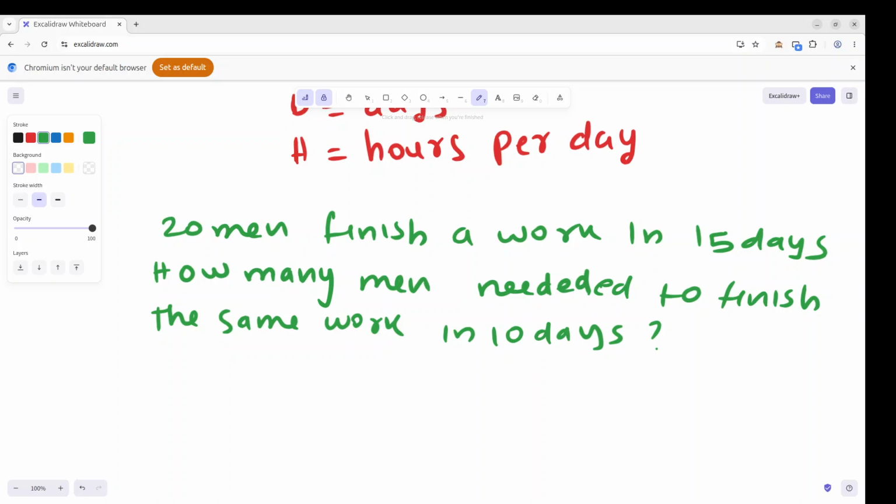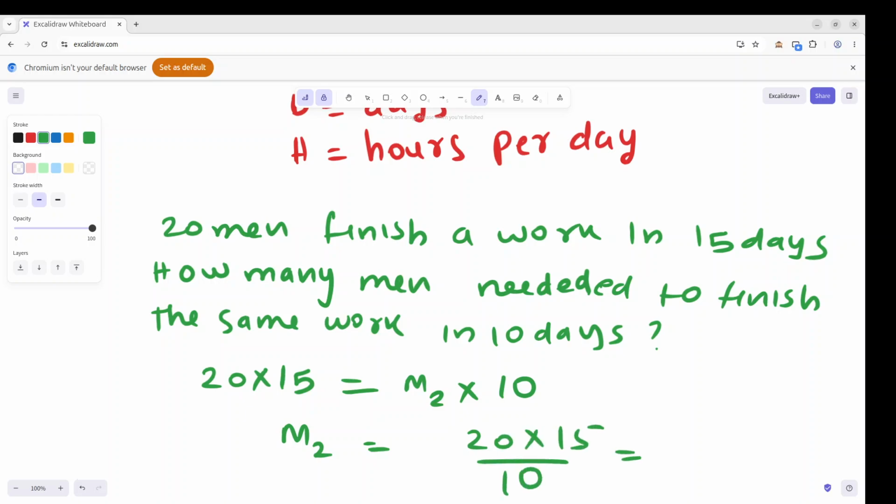We have the formula M1 D1 H1 equals M2 D2 H2. That is 20 men into 15, where this is M1 and this is D1. Hours are not mentioned here, so let's ignore that. And M2 into D2, where D2 is 10. That is M2 equals 20 into 15 by 10, which equals 30 men needed. So 30 men are needed to finish the same work in 10 days.